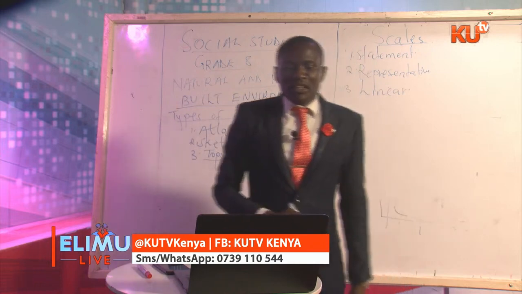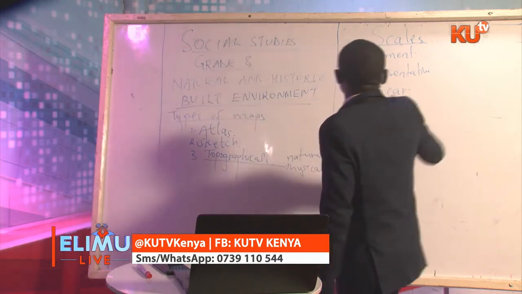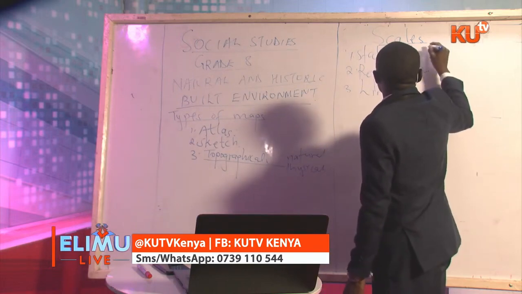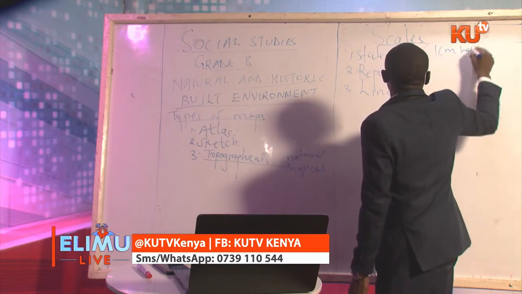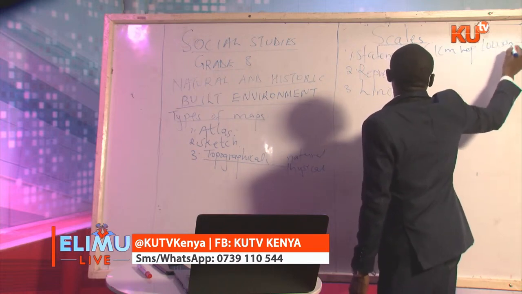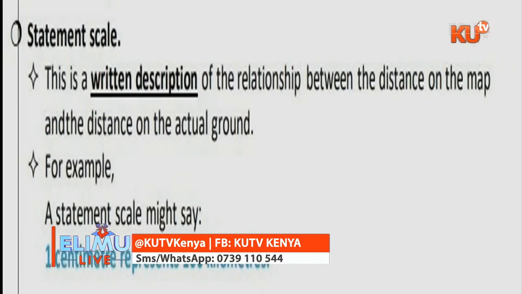Now, statement scale is written in description. For example, 1 centimeter represents 10,000 meters or kilometers. So a statement scale is a description. It just describes using words.